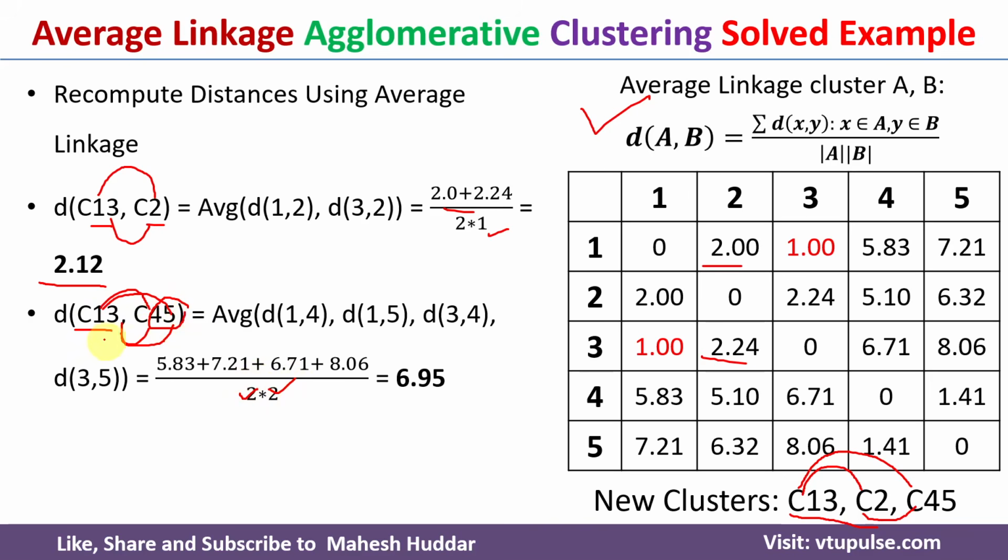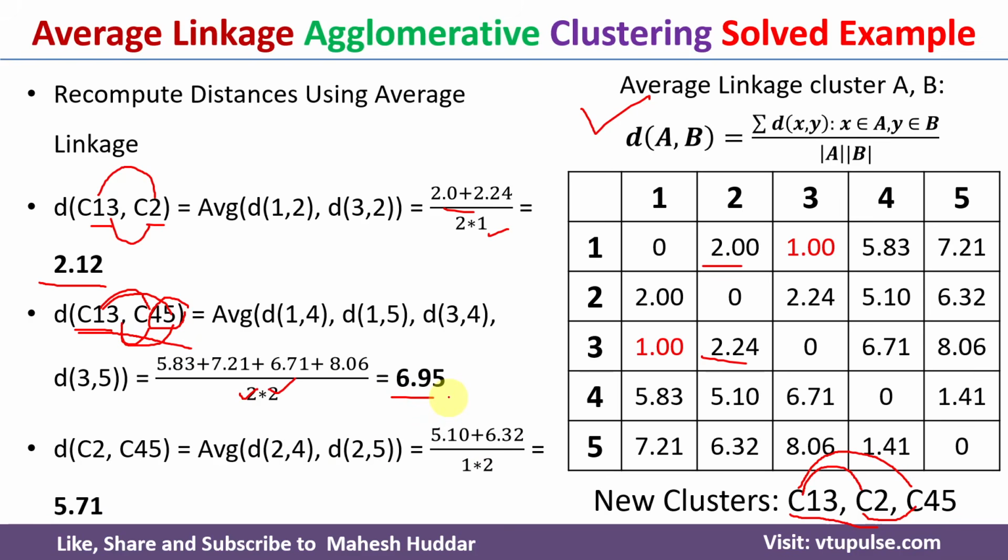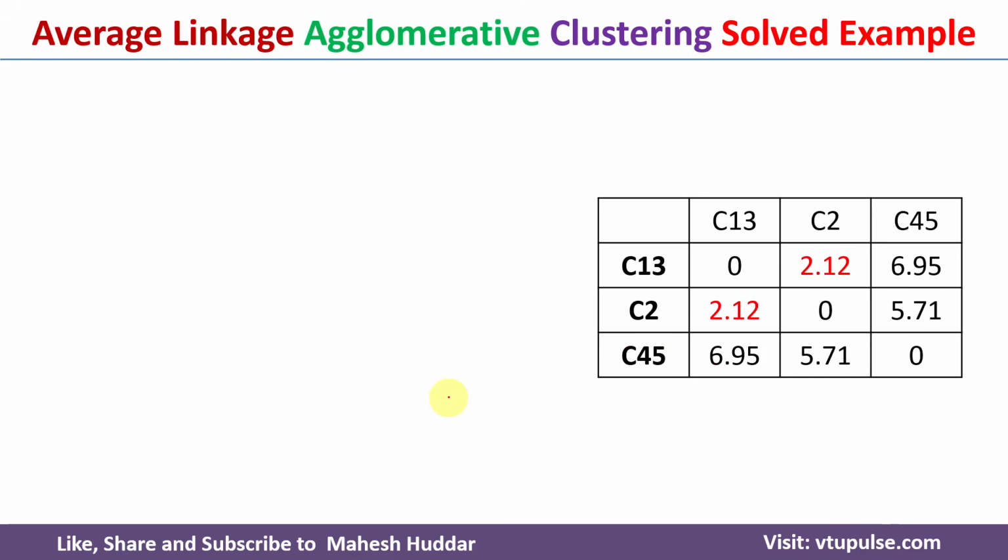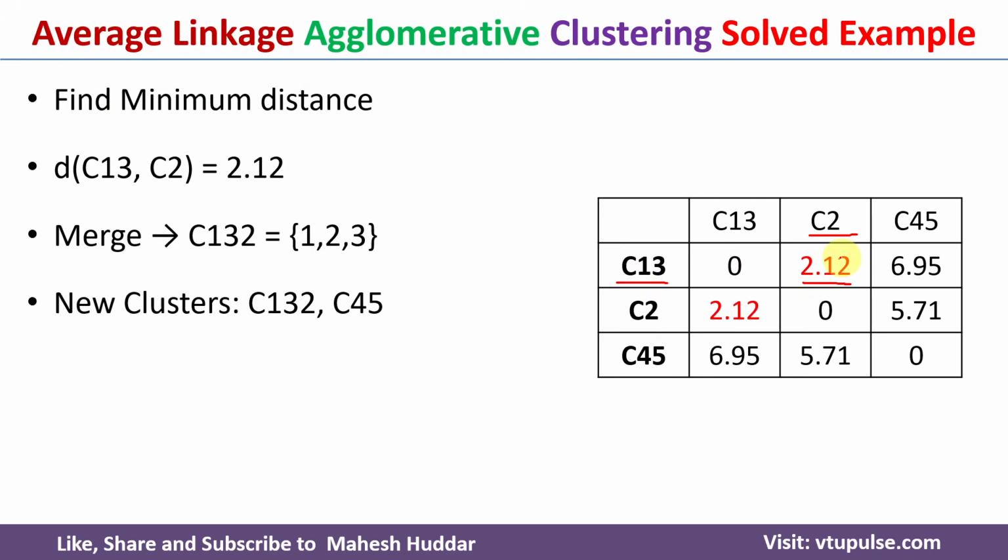So we get the distance between the clusters C13 and C45 as 6.95. Similarly, we need to find the remaining distances. After that, we need to update the table with the new distances. Then we need to find which pair has the minimum distance. Here we can see that the pair C13 and C2 has the minimum distance of 2.12, and we need to merge these clusters. So we get the new clusters C132 and C45.